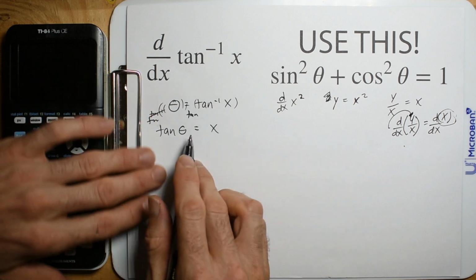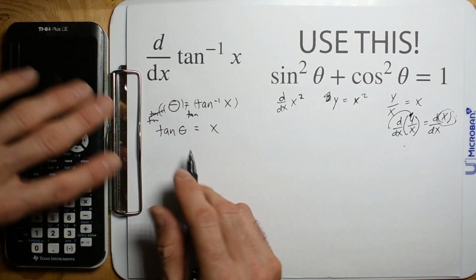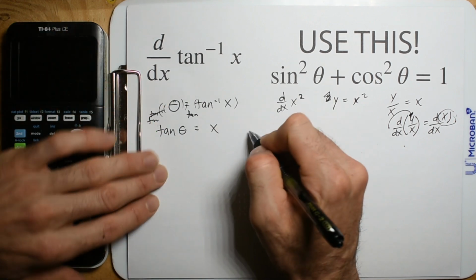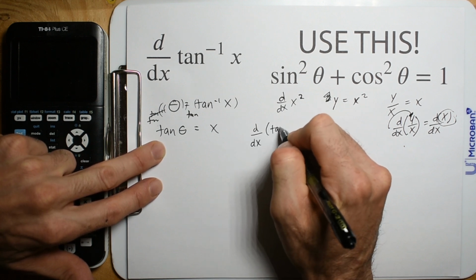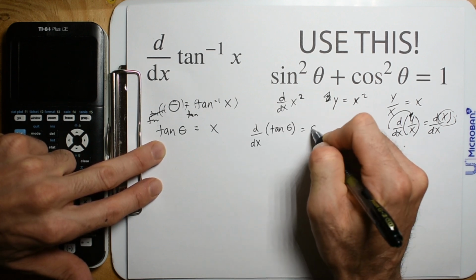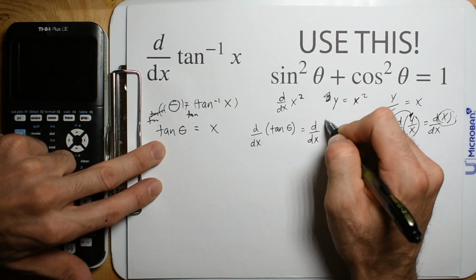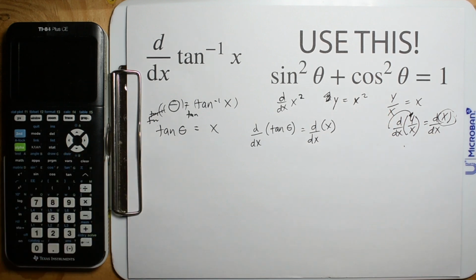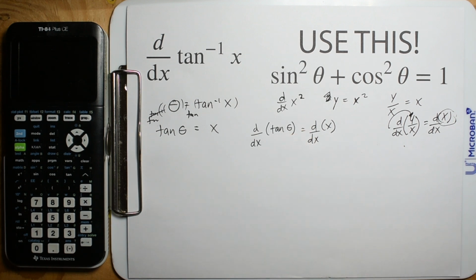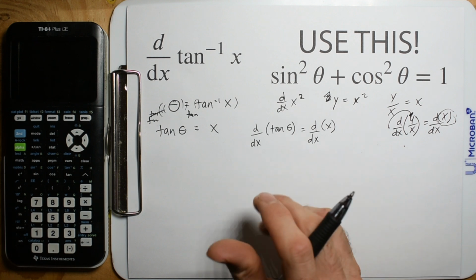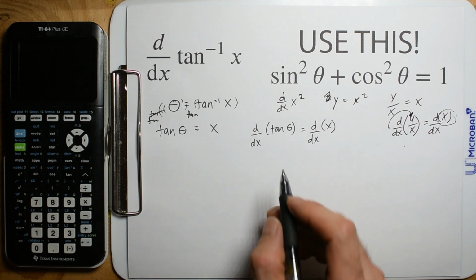Over here, kind of the same thing. We're going to differentiate both sides with respect to x. Tangent theta is equal to the derivative with respect to x of x. This is why you should do as much differentiating as you can, because then you can see the pitfalls.